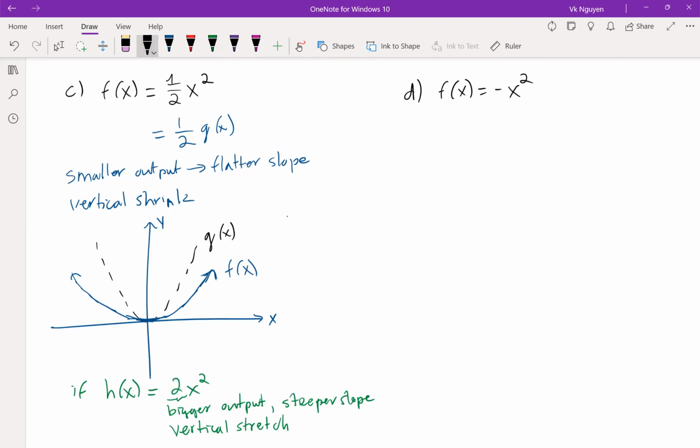D, f(x) = negative x squared. This is the same as negative of g(x). The negative tells us to negate the output. The outputs of g(x) are numbers that are on and above the x-axis. To negate that, it's going to be a reflection over the x-axis.